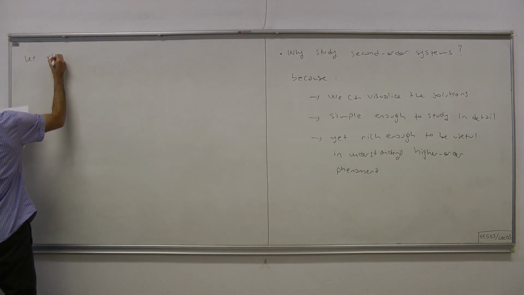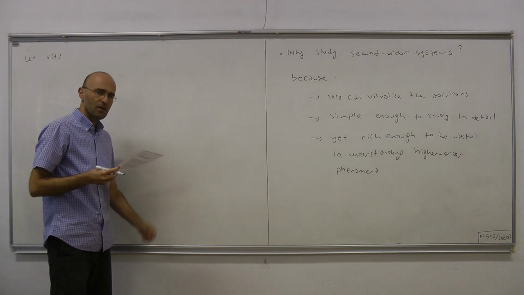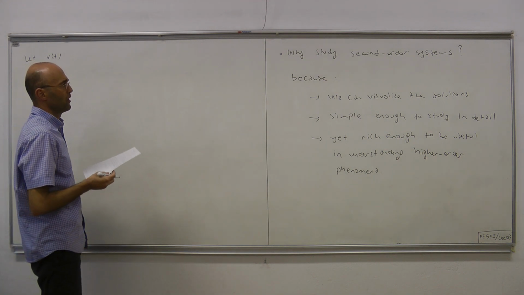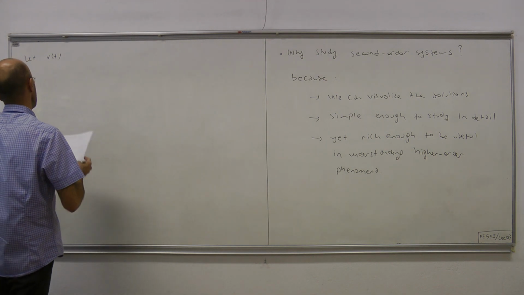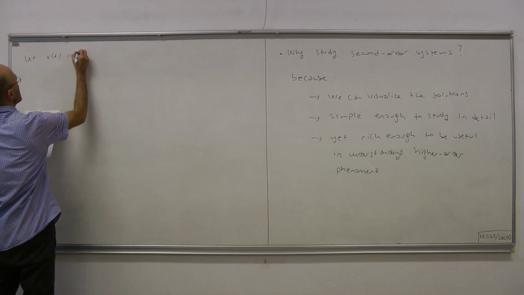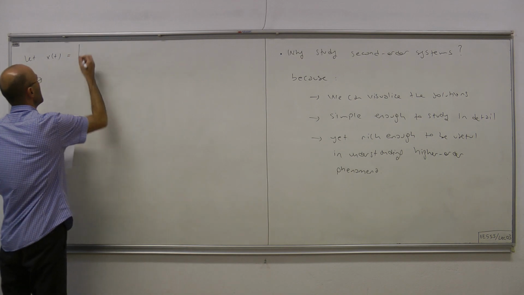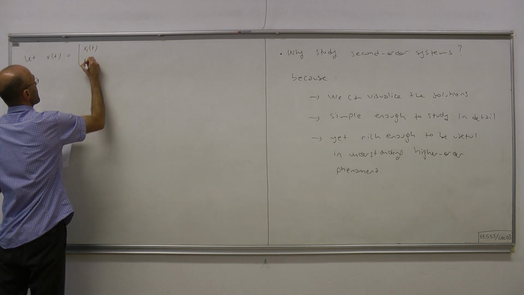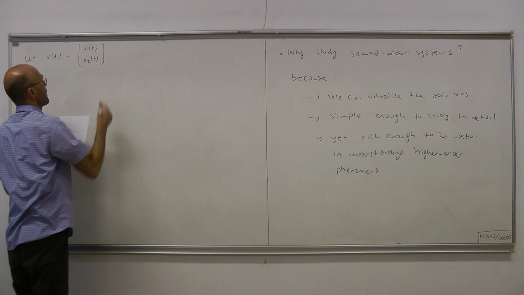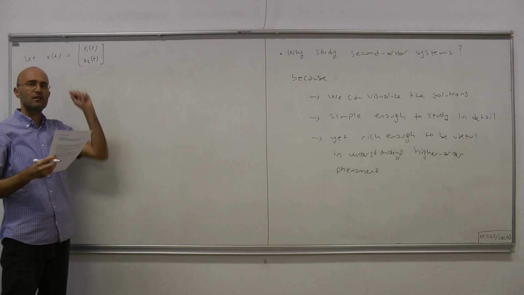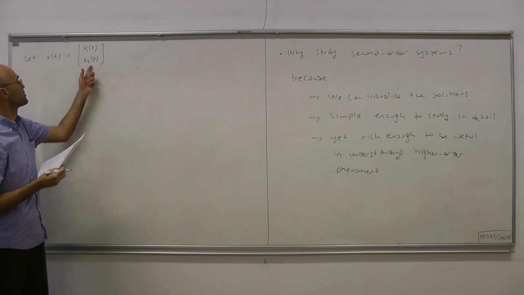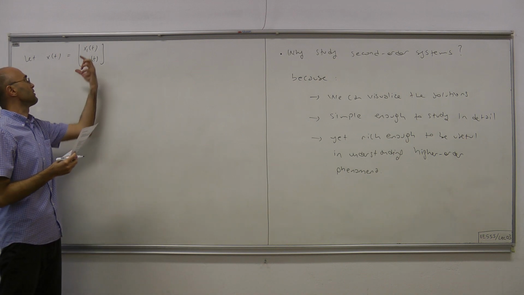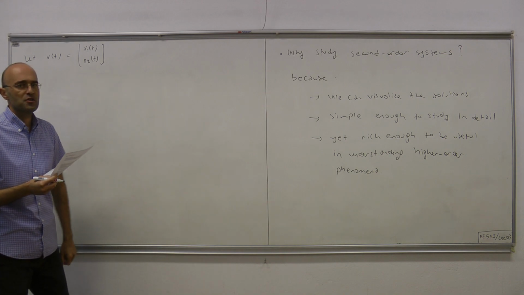Let x of t be the solution of our differential equation, the system x dot equals f of x. Now, by x of t, since we're talking about second order systems, we mean this vector: the first entry, the first state variable, the second entry, the second state variable, and the entries of that vector change with respect to time.